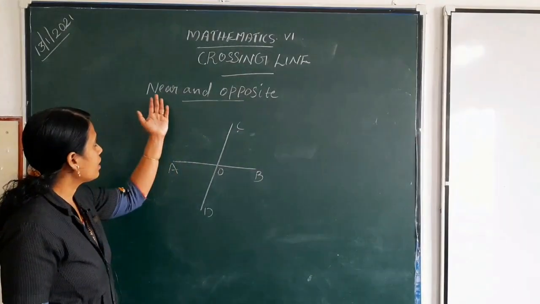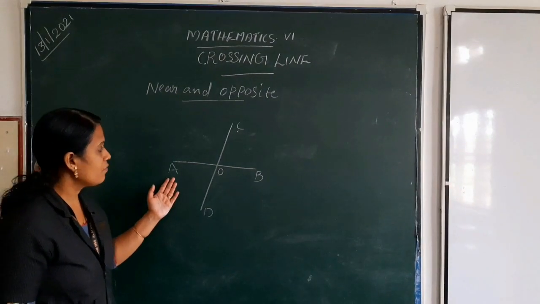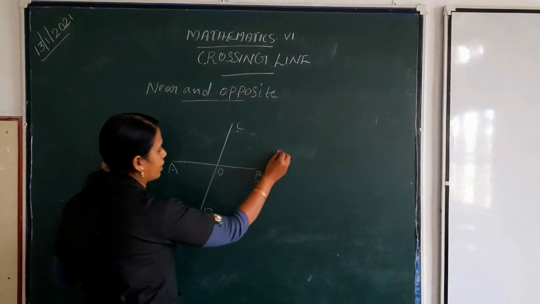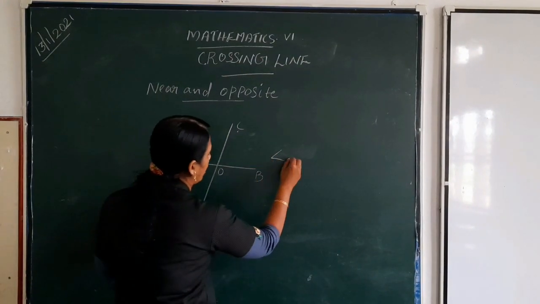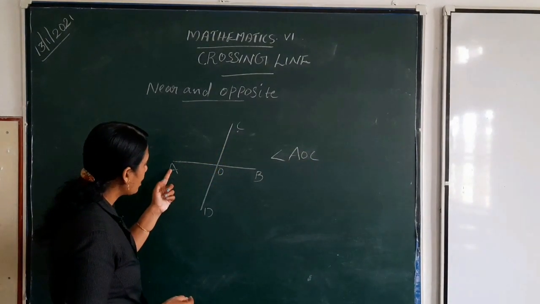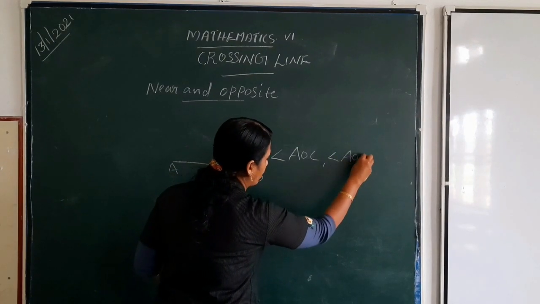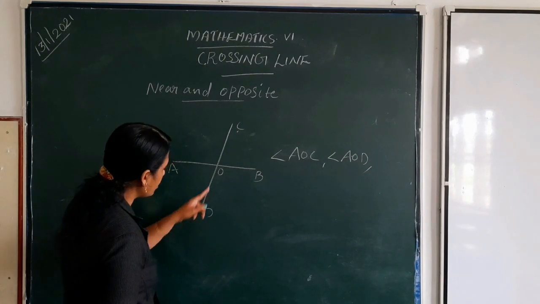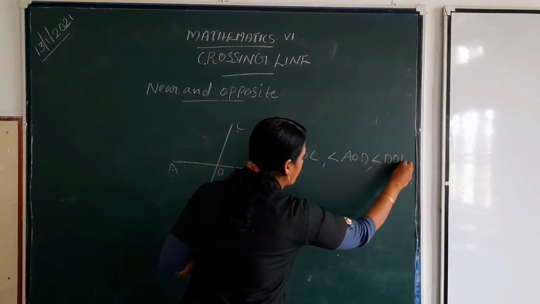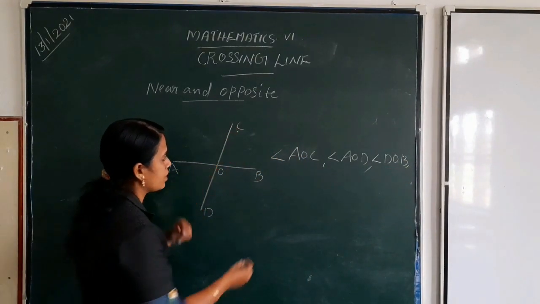Next topic is near and opposite. Here one figure is given. Here, which are the angles in the figure? Angle AOC, angle AOD, angle DOB, angle BOC.